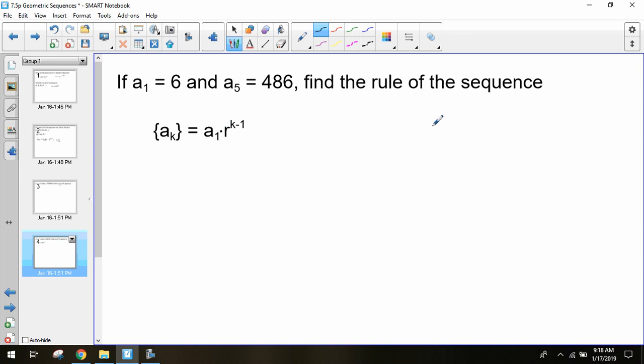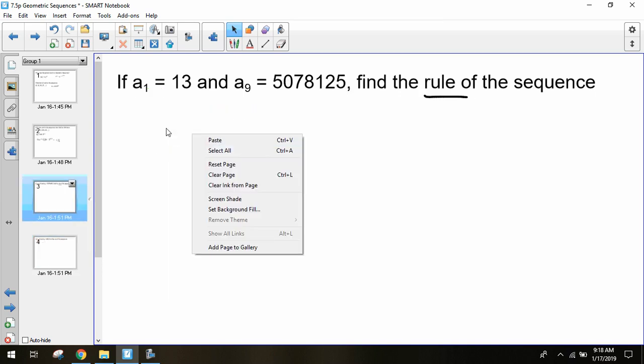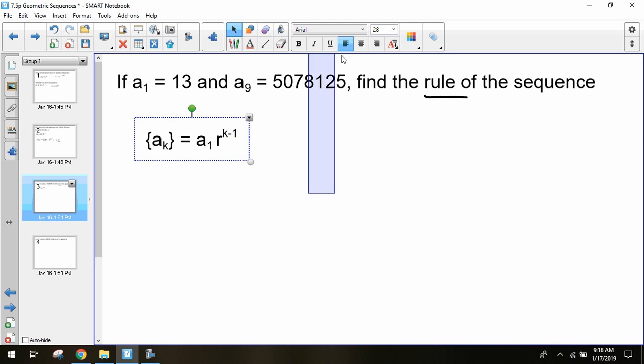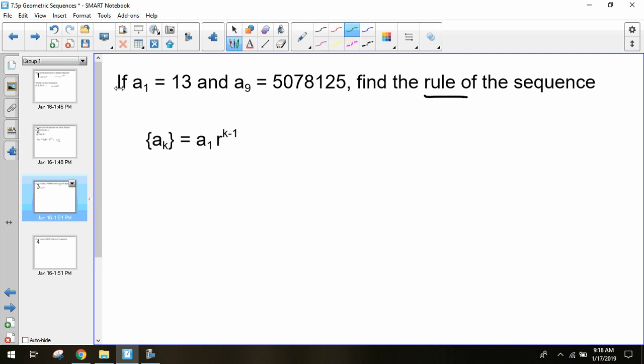Now, looking through this and looking at what we know, we only know one part. The only thing we know is what a sub 1 equals. Oh, I'm sorry, I clicked to the wrong slide. Here we are. Okay. So the only thing we know so far is a sub 1 is equal to 13. That's the only part that we know so far.